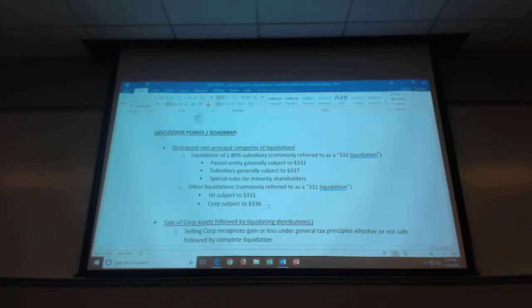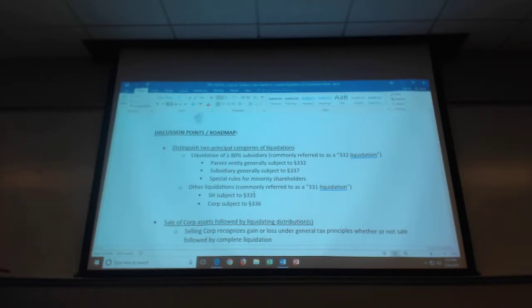Other liquidations, which is what we've been talking about so far, 331 liquidations, are basically everything other than a 332 liquidation. A liquidation where the shareholders are primarily individuals, or put another way, where you don't have a parent corporation with 80% or more control. In that situation, you have all of the rules we've just discussed regarding section 331.